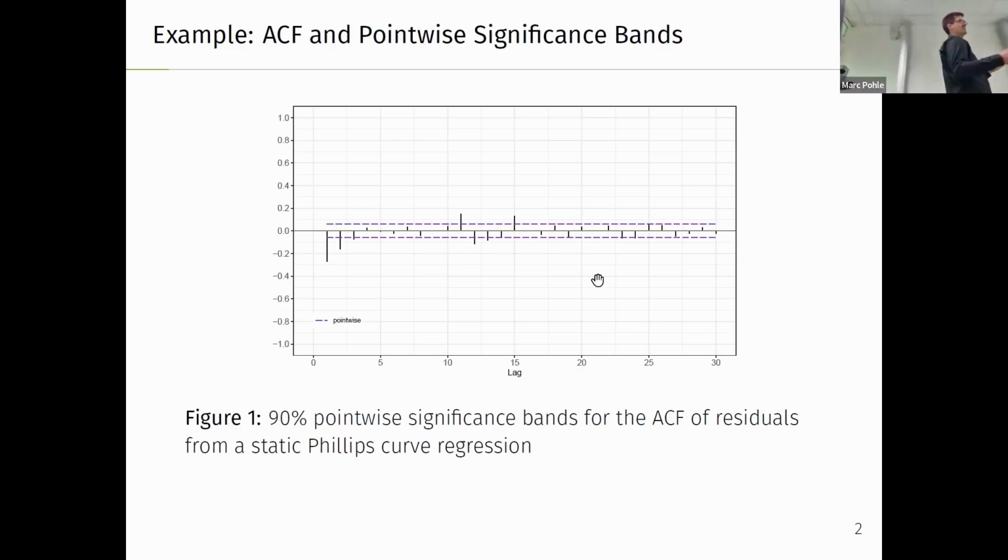The textbook advice is that you count the autocorrelations that fall outside these bands, and they should roughly be 10% of the autocorrelations. So here it should be 3. Then you count, it's 1, 2, 3, 6 or 7, and then you don't know, because that's no valid test. You don't know if 6 is significantly different from 3 or not.